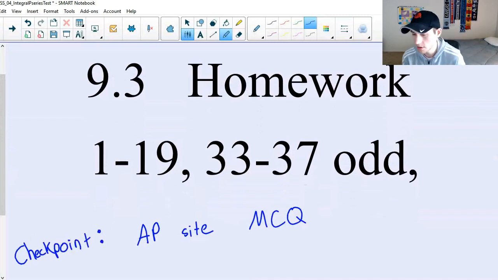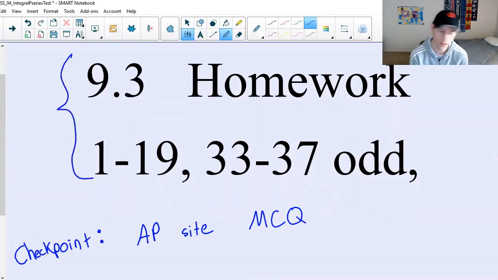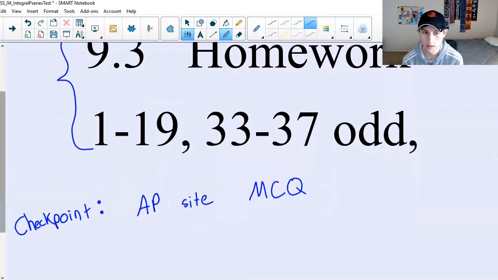Completing that will be a checkpoint in Summit. This homework is just general practice to help yourself. I think it's like 10 multiple choice questions, and a lot of them are quick, like P series stuff, but it's based on chapter 9 so far. So that's integral test, P series, geometric series, nth term test. Check that out.